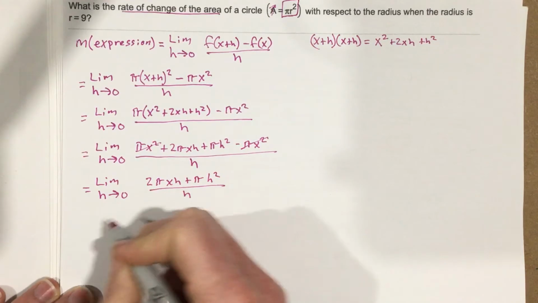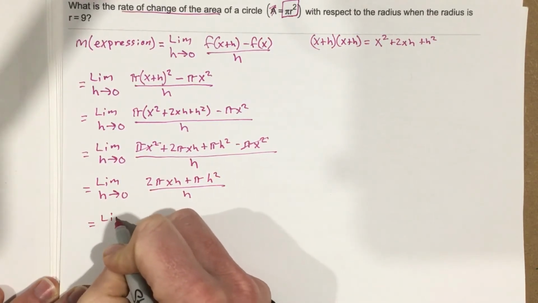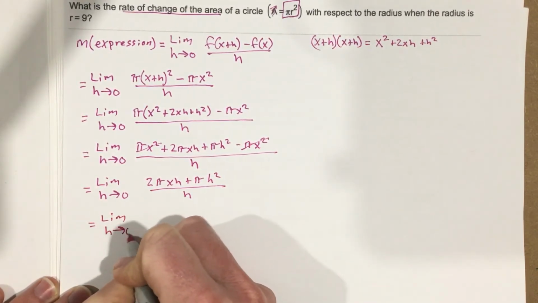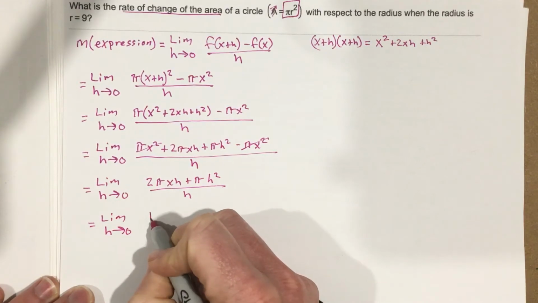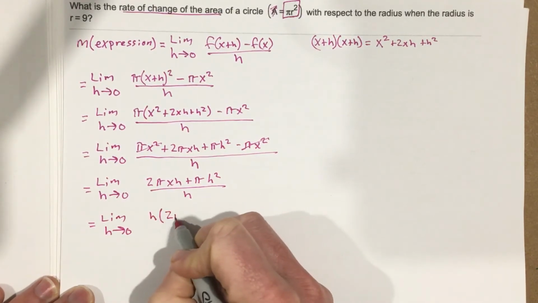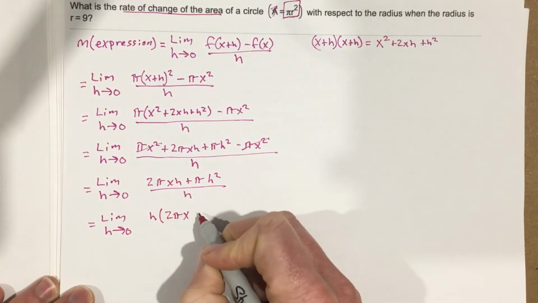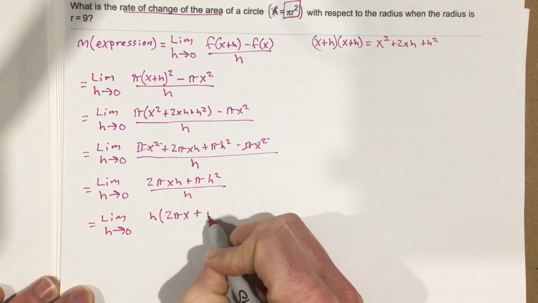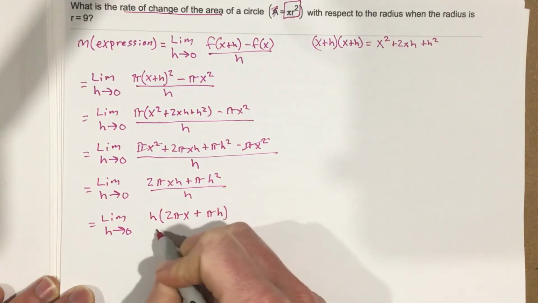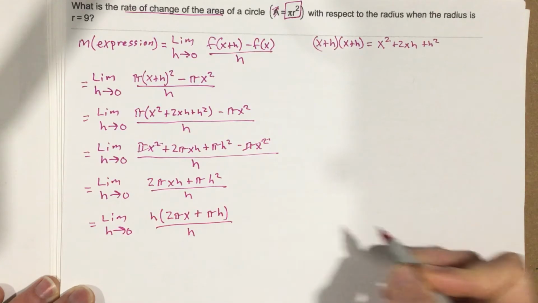Let's factor an h out of the top. We got limit as h approaches 0. This is h. What's left is 2 pi x plus pi h all over h.